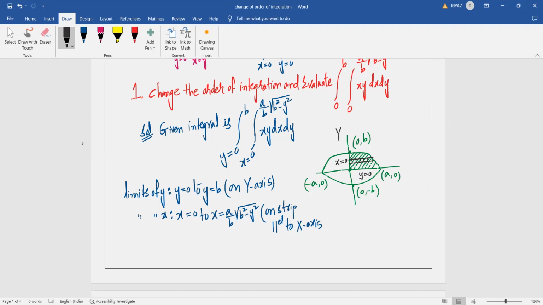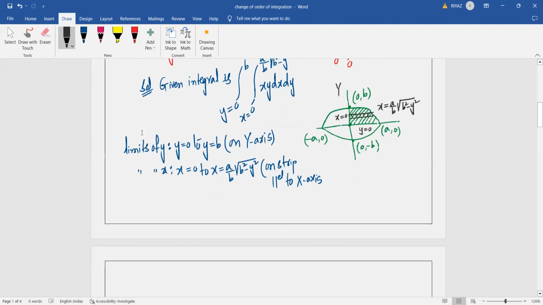And in terms of x, it will be x is equal to a by b root of b square minus y square. This is the question we did. Whatever data is given in our problem, we have written here, and according to the given data, we drew the figure. Let us go for the solution.